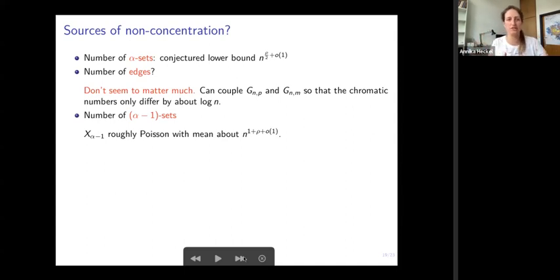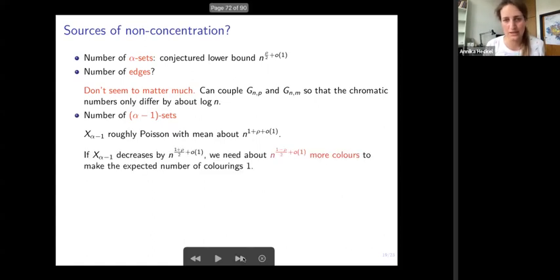If you condition on the number of alpha minus 1 sets and work out how many colors you're likely to need, at least so that the expected number of colorings comes out as at least 1, you can work out that if the number of alpha minus 1 sets decreases by some typical amount, then you need about this many more colors to make up for that in the expected number of colorings. And so the second part of the conjecture is that this is also a lower bound for the variation of the chromatic number.